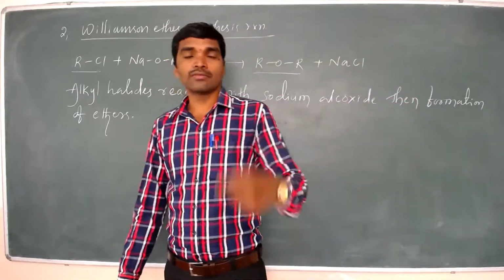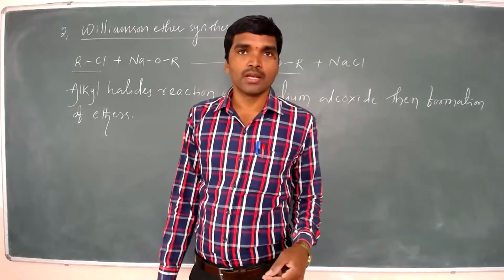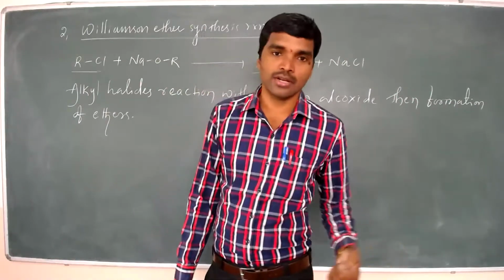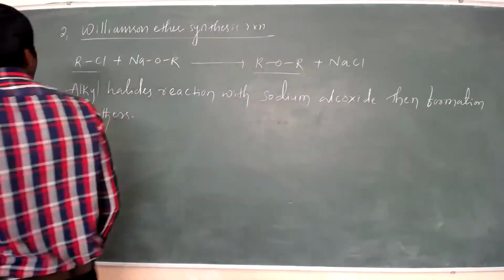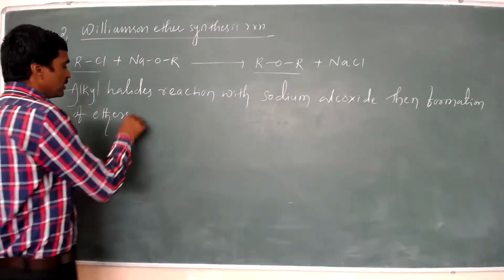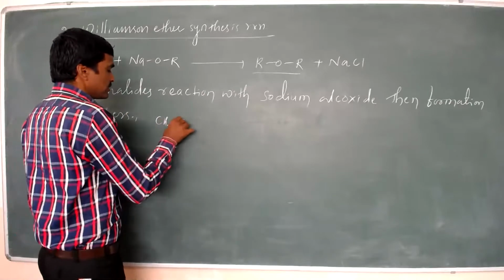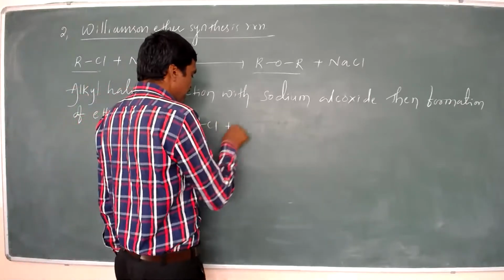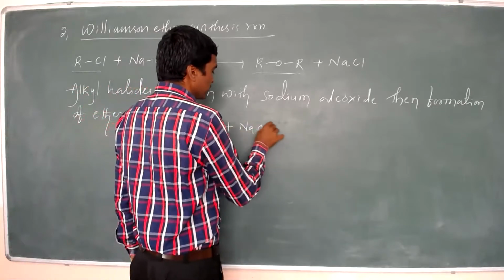For the Williamson synthesis reaction, some important reactions are there. We'll discuss some examples now. Here I am taking CH3CH2Cl, ethyl chloride, reacting with sodium ethoxide.